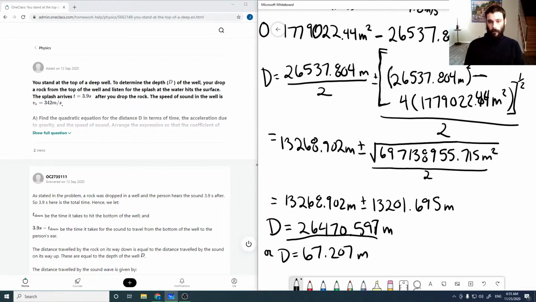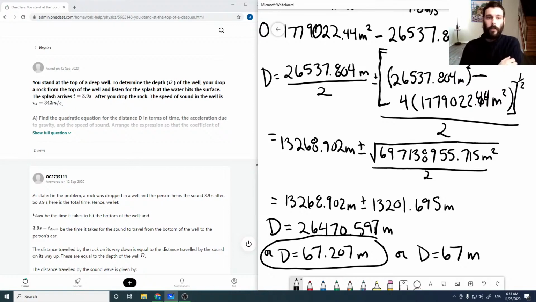This makes much more sense for the depth of a well, so d equals 67 meters rounded to 2 significant figures. I think that's our answer.